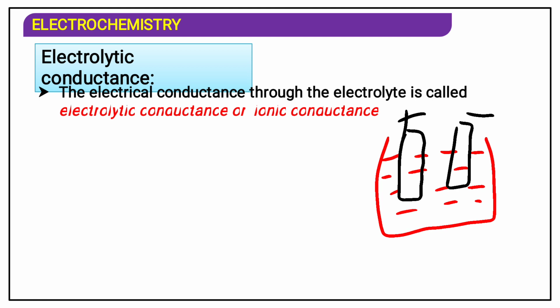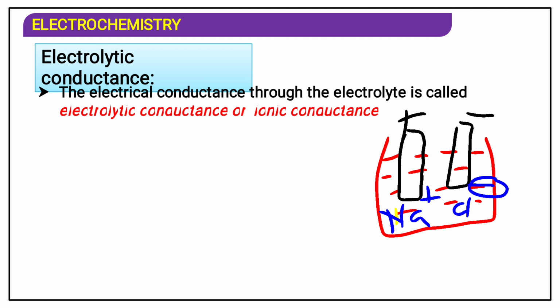Okay? So now, a very important thing is which substance I am taking here: I am taking NaCl. There is a presence of Na+ and a presence of Cl minus.